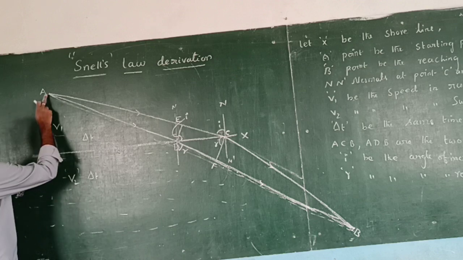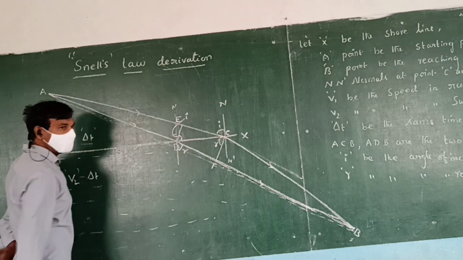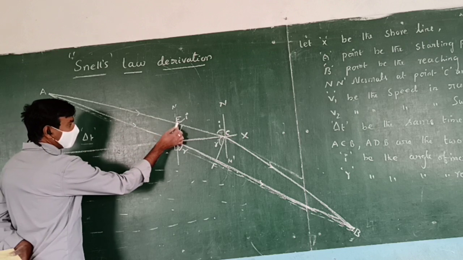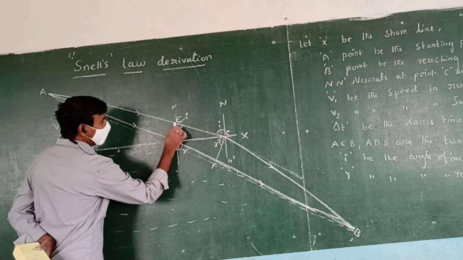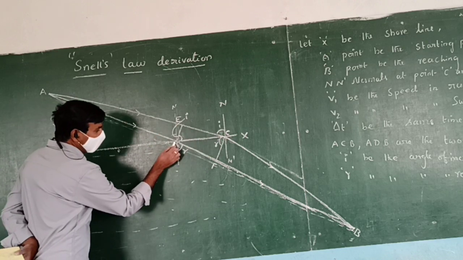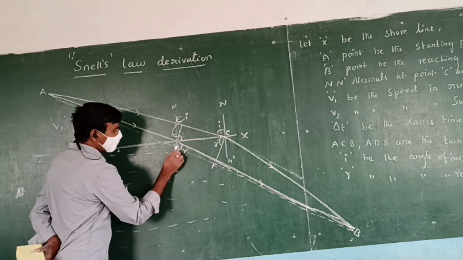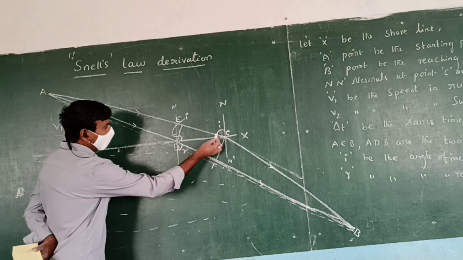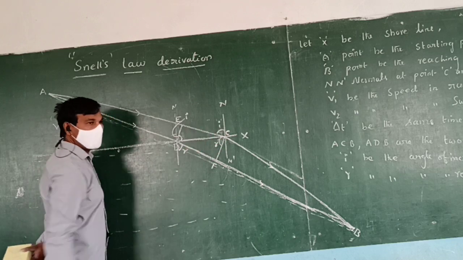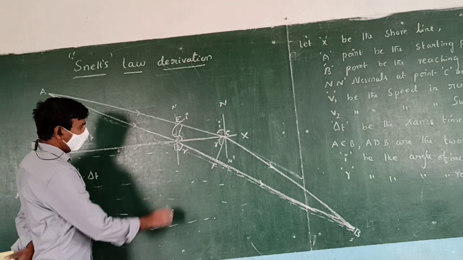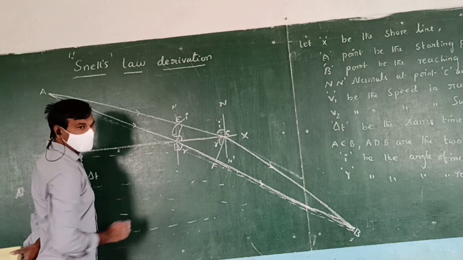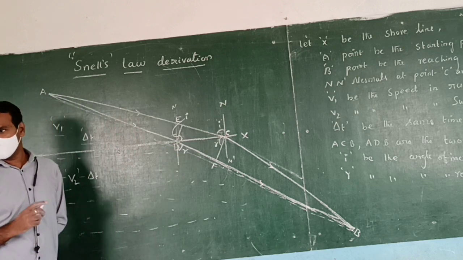So here A to C is one line drawn. EC is a distance and DF is the same distance. The angle at C is called the angle of incidence, and the angle at D is the refraction angle.